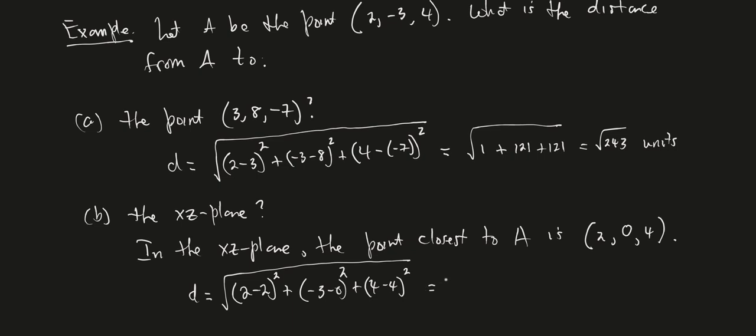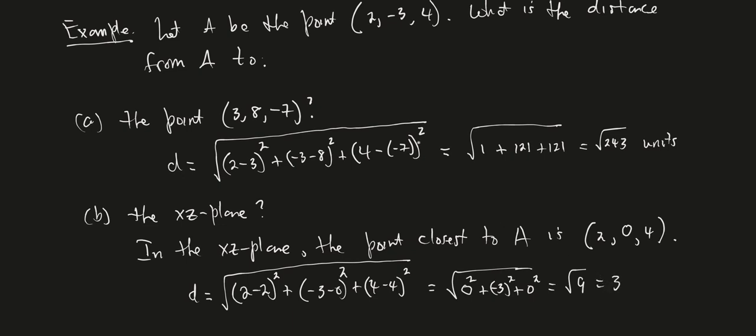So what happens here is, look, we end up with this really simple calculation. We have 0 squared plus -3 squared plus 0 squared. So that is the square root of 9, which is 3.